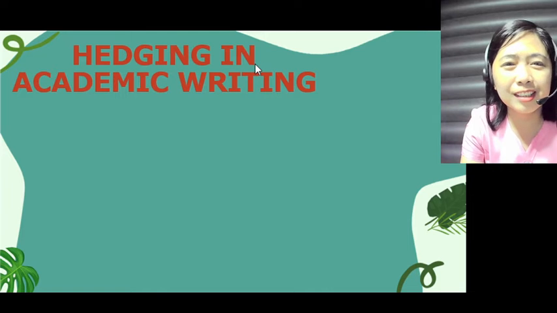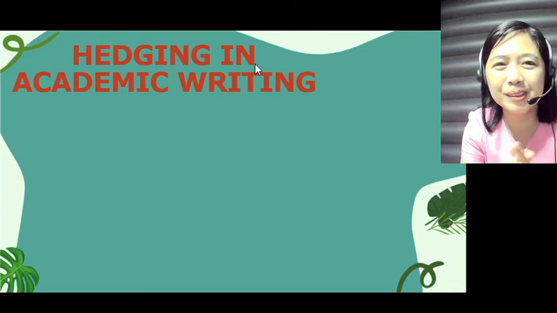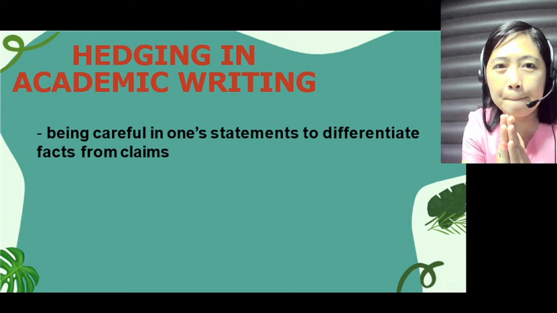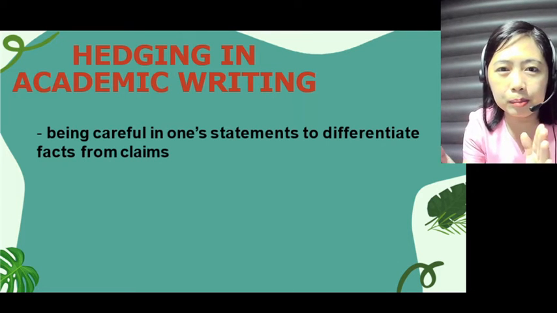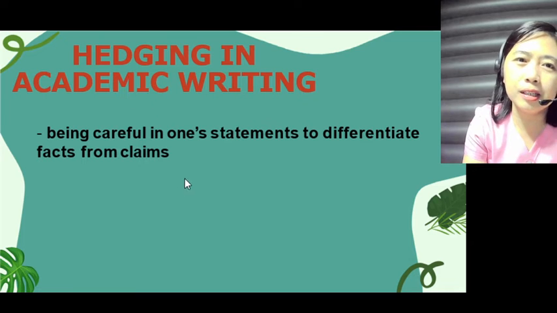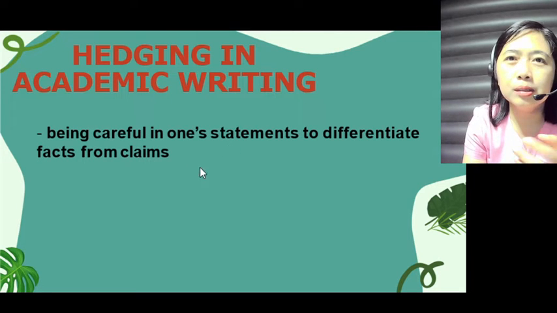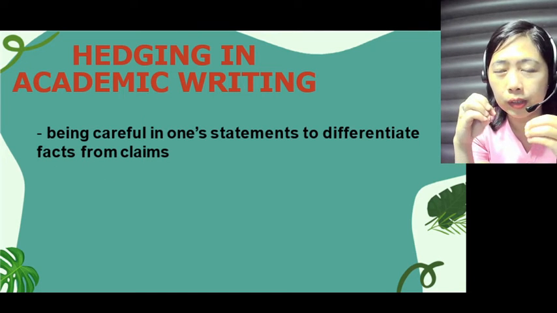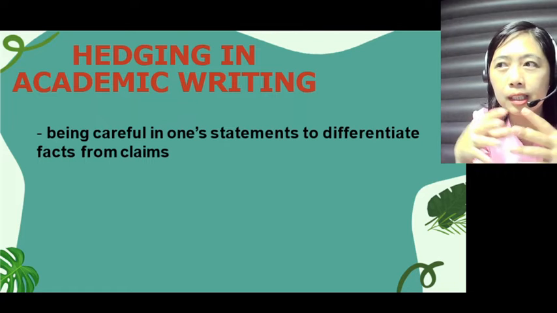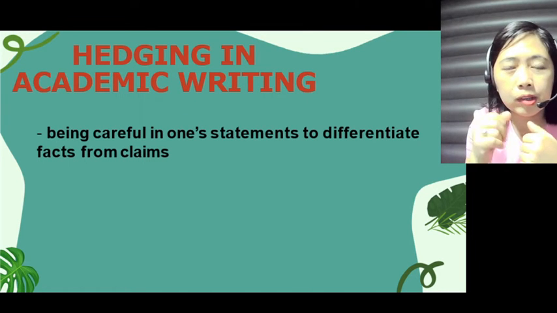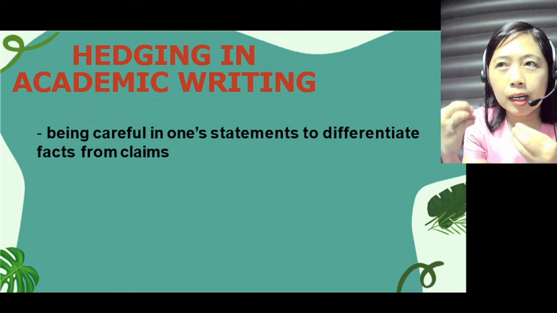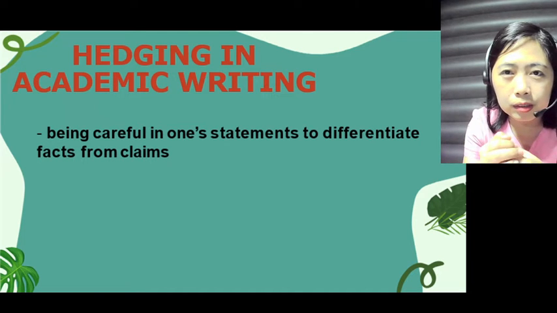Okay, hedging. So what is hedging? In academic text, it is important to hedge because it's being careful in one's statements to differentiate facts from claims. When we say facts, it is true, it is what actually happened according to the sources. When we say claims, that is just yours, your interpretation based on the facts.